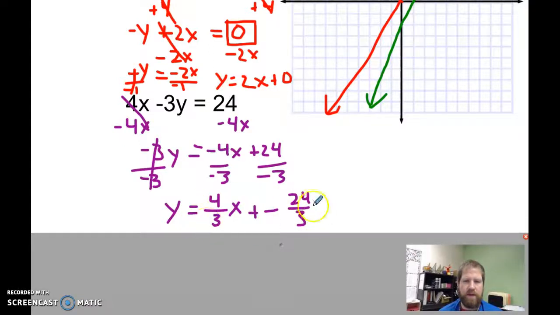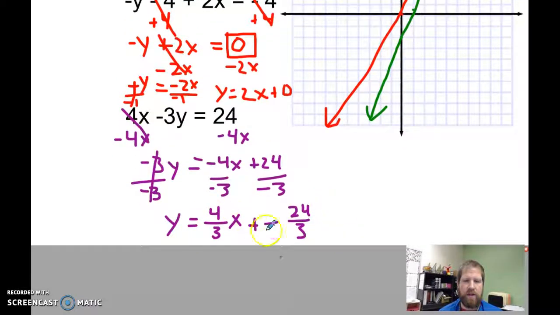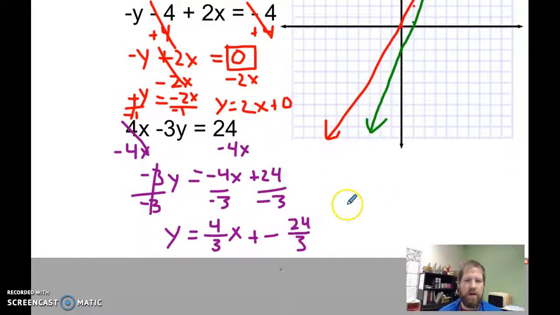This one obviously is going to be a little more difficult to graph because I'm going to start at negative 24 thirds for my y-intercept. So you might just decide to plug in 2 values for x and not use the y-intercept. And that's fine as well, as long as you are finding those 2 points so you can build your graph.